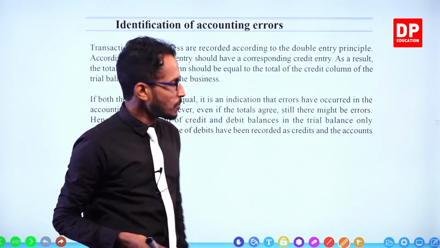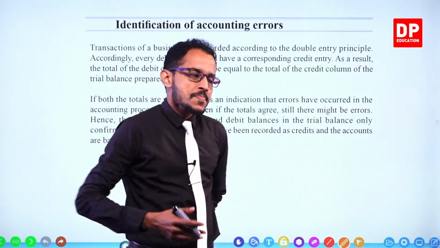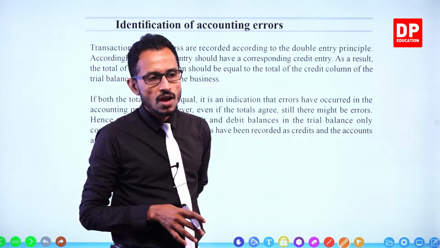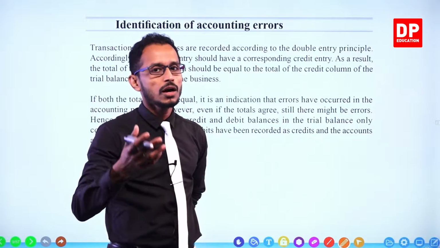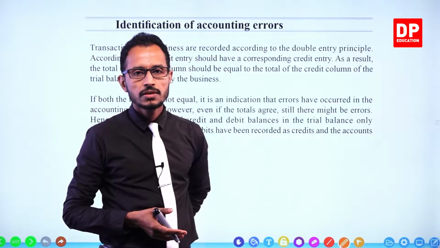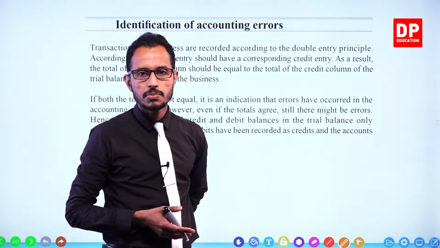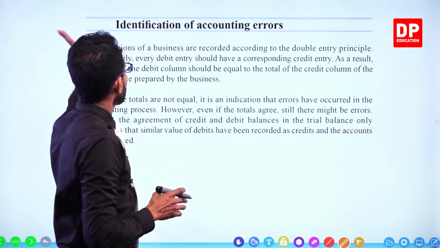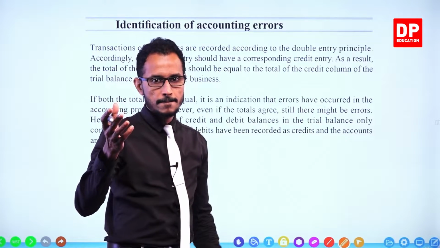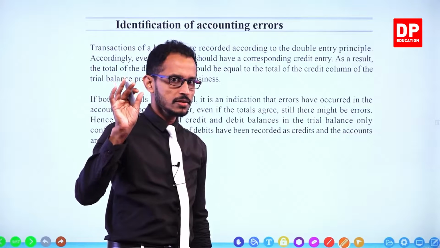We took the bookkeeping process and we very clearly identified where errors occur. Errors may occur in the accounting process, in the bookkeeping process, in the books of accounts. So now we identify and correct them. Agreed?